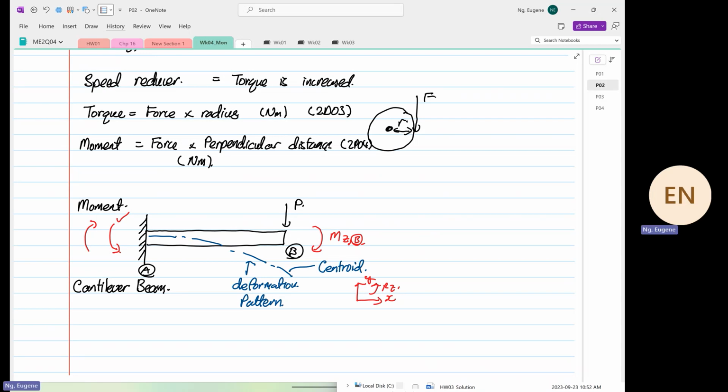I punch you, you punch me, same strength, different what? Direction. Newton's what? Third law. Nothing to memorize. If you're going to memorize this, we should not be here. Are we clear? Okay, nothing to memorize. Action equals reaction, same in magnitude, different in direction. That's why this is the moment at point A. And then we know that we have a reaction at AY. This is what we call a moment.